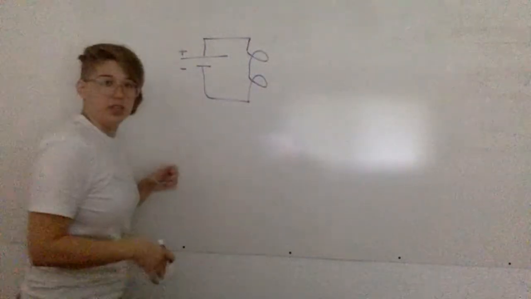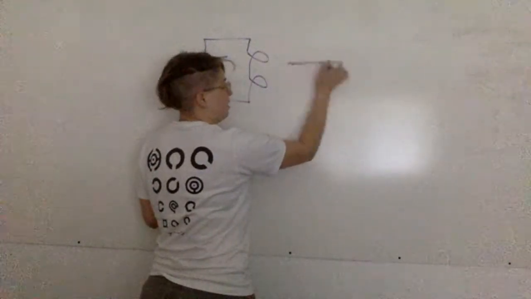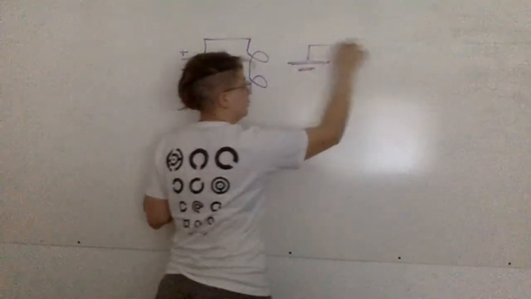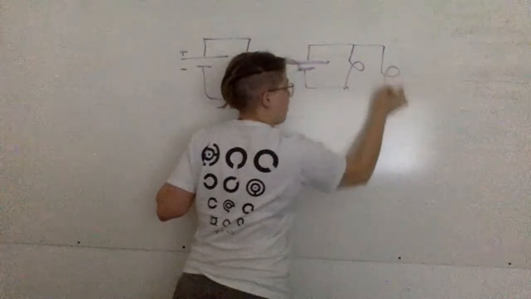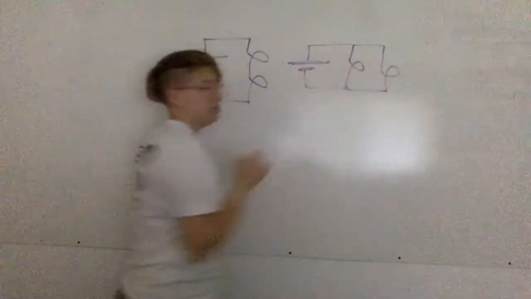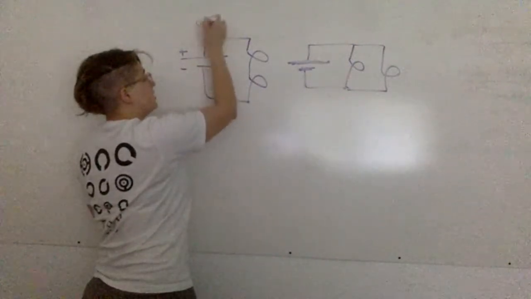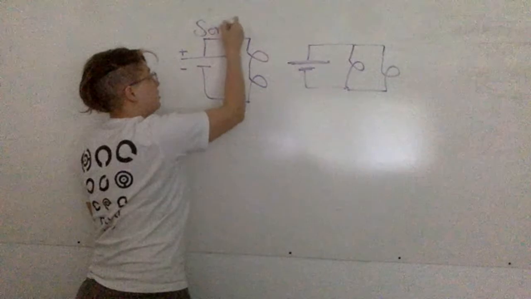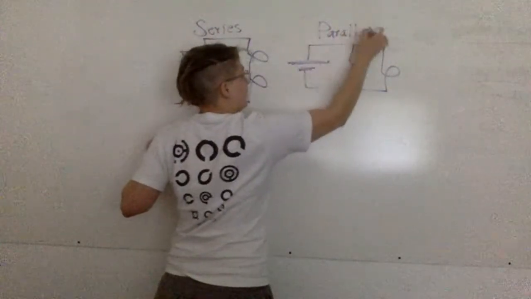And then if we look at our parallel, if we were to draw a circuit for our parallel, notice they are parallel, as the name suggests, and not one after another. So again, this is called a series. And this is called a parallel.